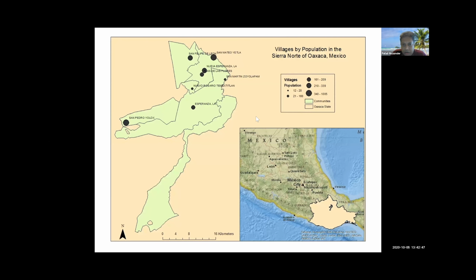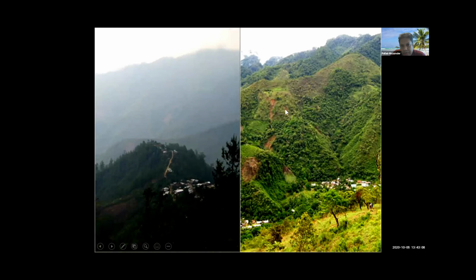So you can see our communities in Oaxaca here. The size shows how big or how small these communities are. These are small communities in the foothills of the forest, with very difficult terrain, and so on. And you can see some bird's eye views of these communities from far away, and very good dense forest cover.